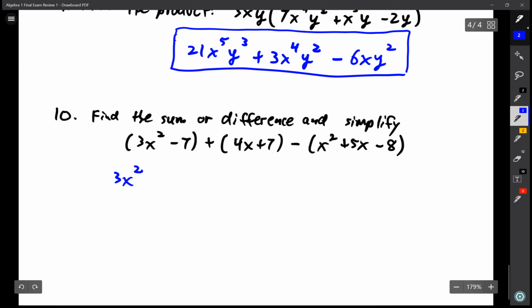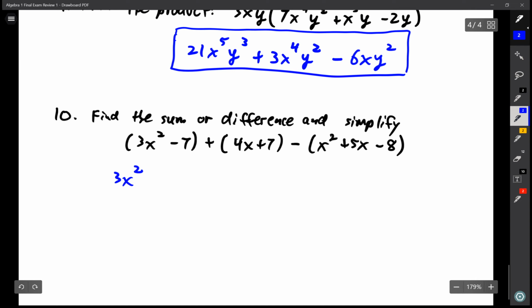Okay. So let's see. What do we have that are x squared terms? We have a 3x squared minus x squared. That gives me a 2x squared. And then next I would put the terms that have just an x, just to keep things in standard order. I used this term and that term.